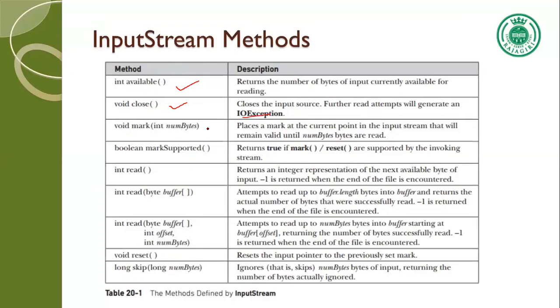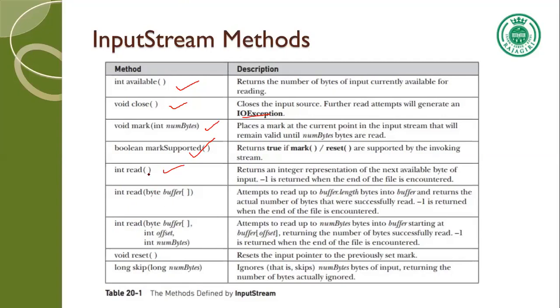Then you have something called mark, void mark. It marks the current pointer. And then you even have mark supported. It will return true if the invoking input stream supports it. Then you have read.